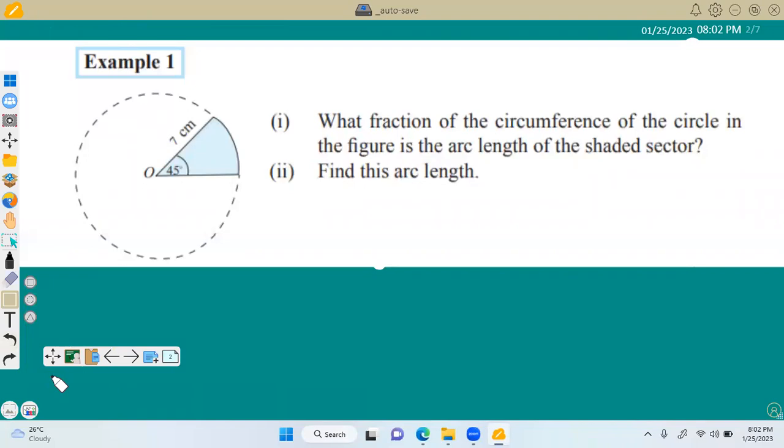Okay, then shall we move to a particular example? Let's see how we find the arc length of a given sector.